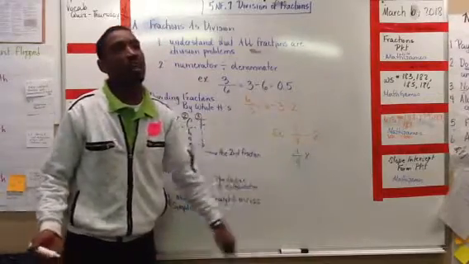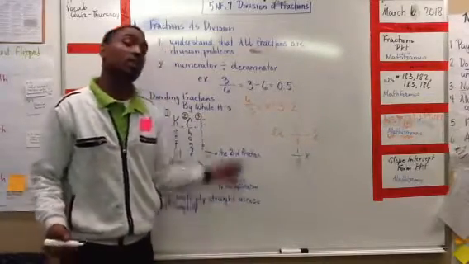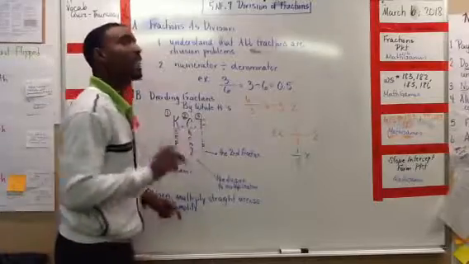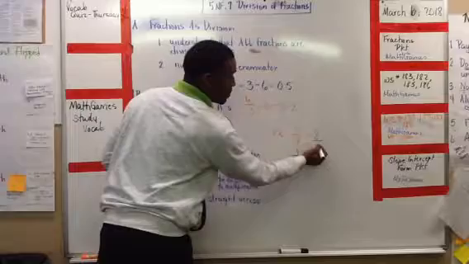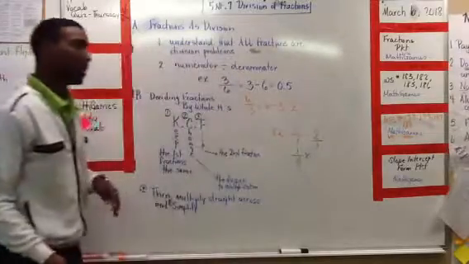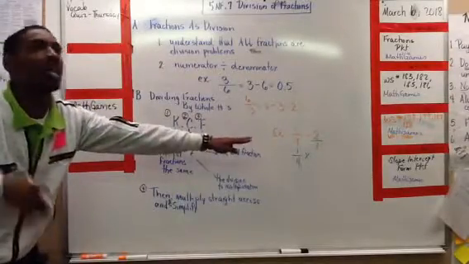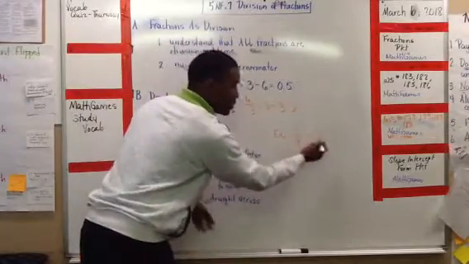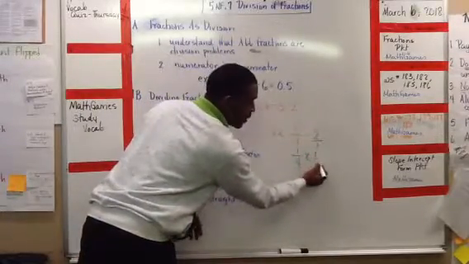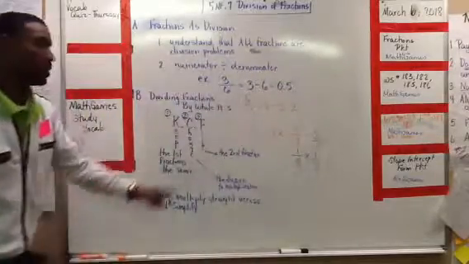Well, how do I make it a fraction, Mr. Gray? You should remember, anytime we have a whole number, to make it a fraction, we add a fraction bar and put a 1 under it. Now it's a fraction. Now I can flip it. The reciprocal, or the flip version of 2/1 is 1/2. Those are the 3 steps.